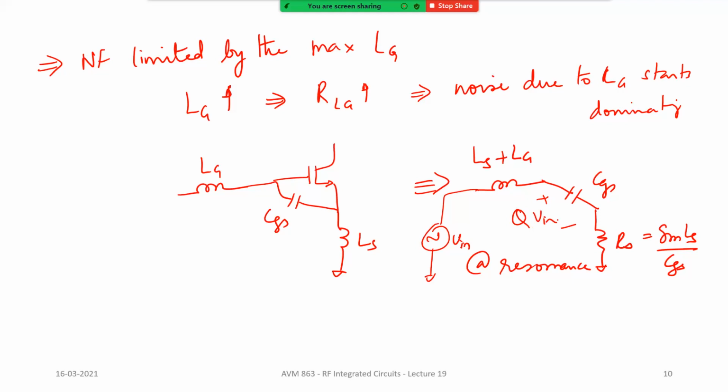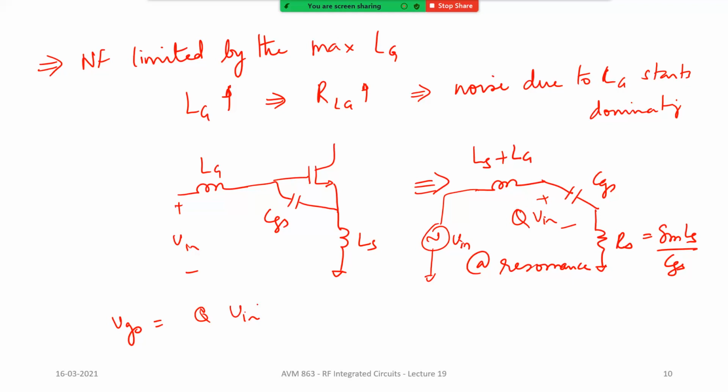Okay. So what are we saying? The input that is fed at this point, the gate to source voltage happens to be Q times the input here. Which means what? You are getting a free voltage amplification, right?